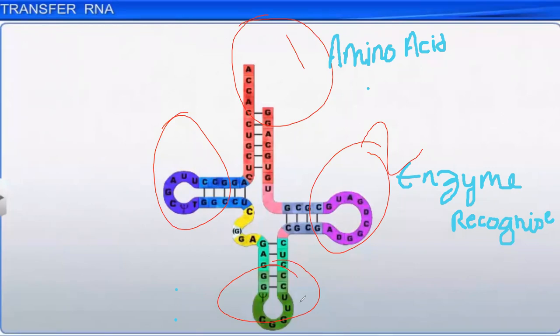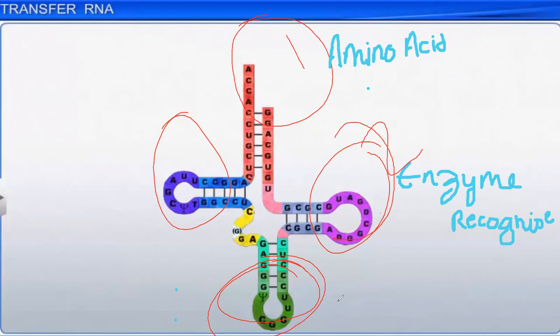So this green color site, the bottom part of this tRNA, this arm recognizes the mRNA and fixes it there. What happens first is, by the time mRNA comes into the cytoplasm, the adapter molecule, with the help of the recognition site for the enzyme, which is present in the cytoplasm and is very important, the enzyme will attach in this pink part.